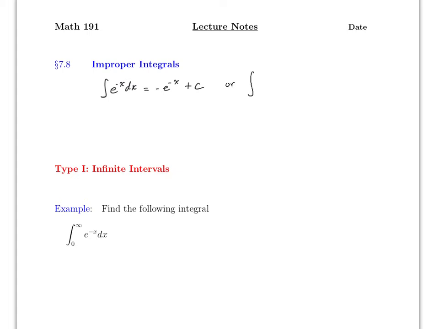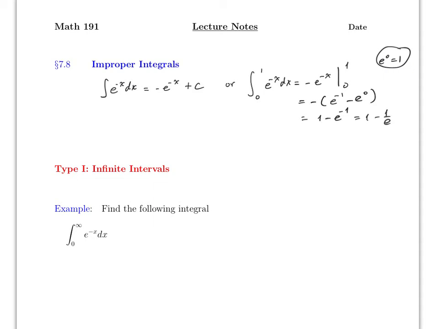Let's say the limits are from 0 to 1. Notice that the integral doesn't change. This is still minus e to the minus x. But if we plug the limits, now we will get e to the minus 1 minus e to the 0. Remember that anything to the 0 power is 1. So this will be 1 minus e to the minus 1, or 1 minus 1 over e.